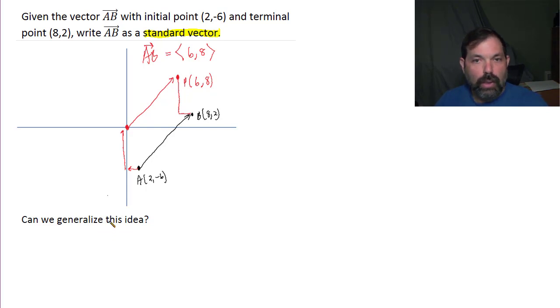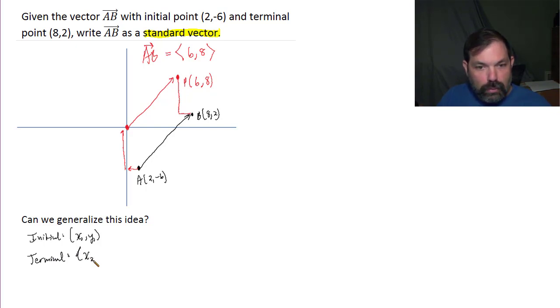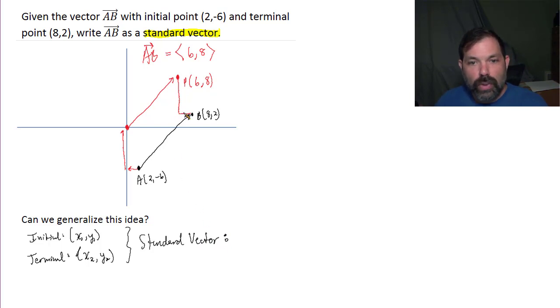So in general, if our initial point is some point, let's just call it x1, y1, and my terminal point is the point x2, y2, then this can be thought of as the standard vector, well, what did we do?